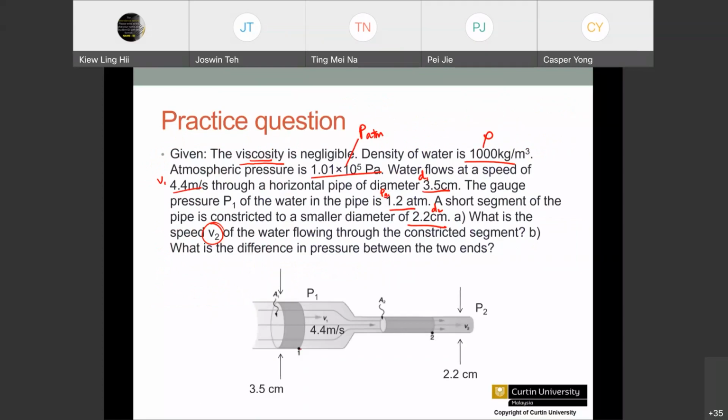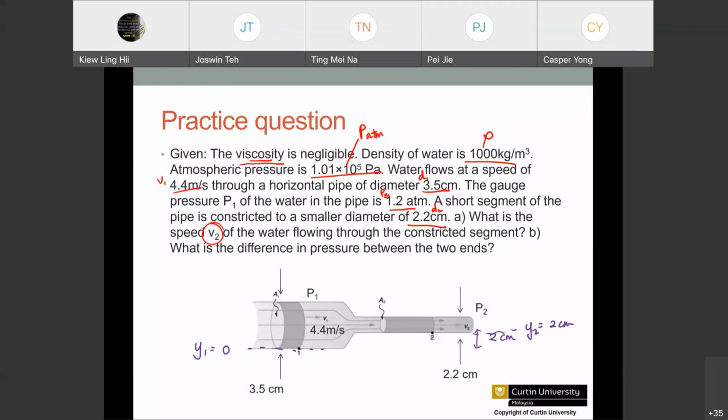Usually, if Y has to be considered, the question will give you, say, a height difference of perhaps 2 centimeters. Usually we assign this one as Y1, our reference point equal to 0. Then Y2 equals 2 centimeters, if that is the case.